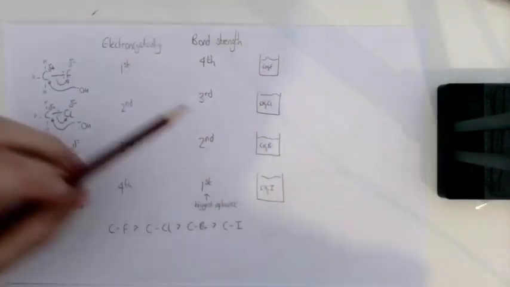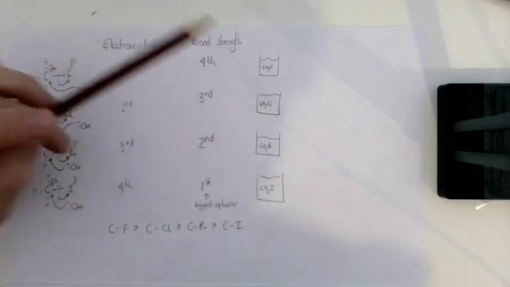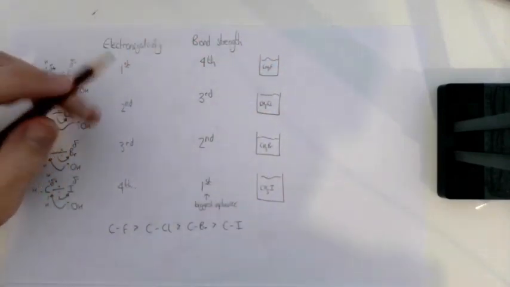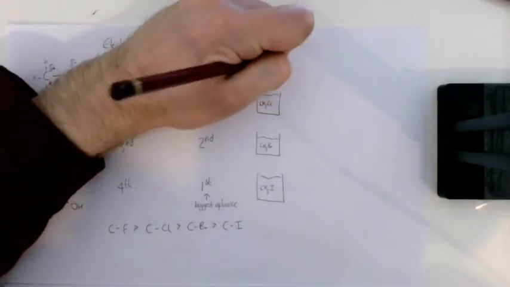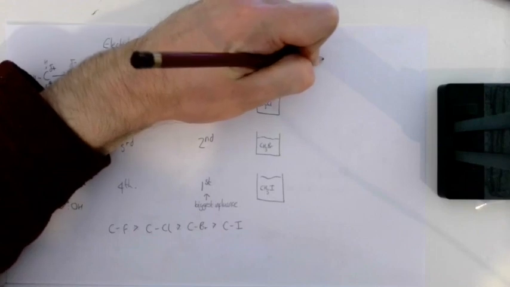So we need a test to, if we didn't know what was in there, determine what was in each of the containers. So first thing you would do, step 1, is to add aqueous sodium hydroxide to each of them.